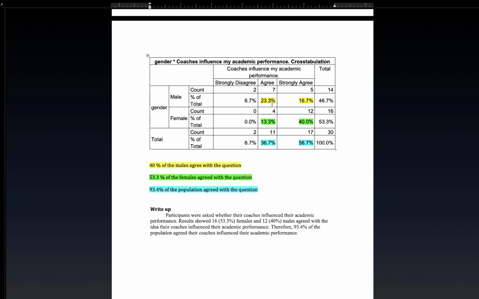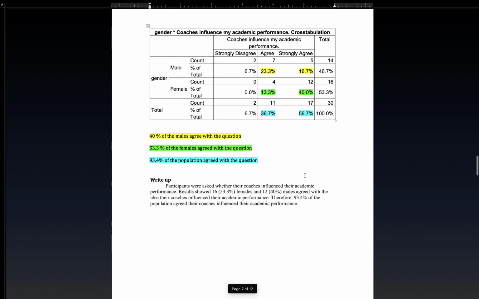You add the 2 percentages together to get down to this line. 40% of males agreed with the question. Then 53% of the females agreed with the question. And the total here is 93.4% agreed with the question of coaches influence my academic performance.